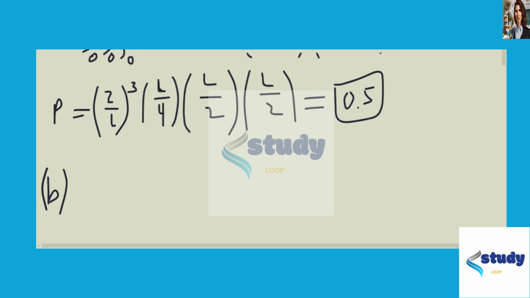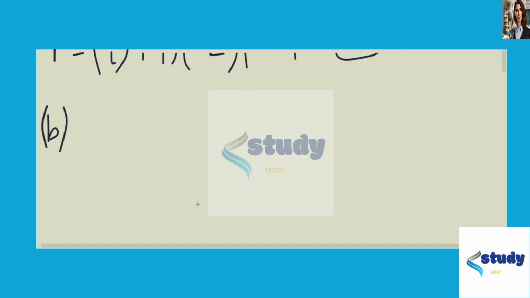Next, for B, the region over which we're integrating is going to change. So for B, our probability has c squared that gets pulled out front. And for x, we're integrating from L over 2 to L over 4.